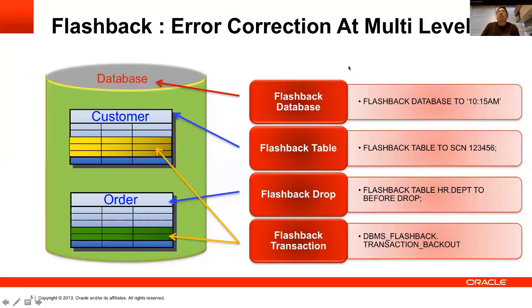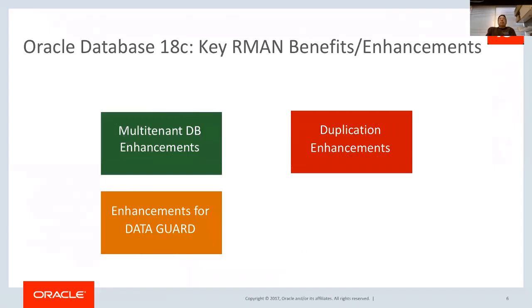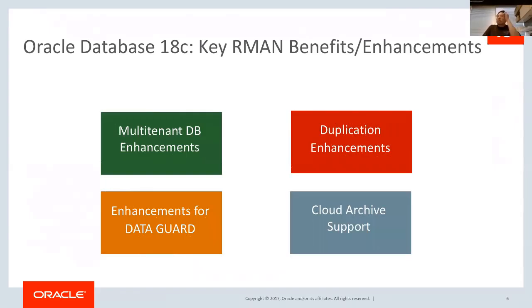Can you go to the next slide, Tim? Go ahead. So 18c, which I think today is officially GA on Exadata, right?